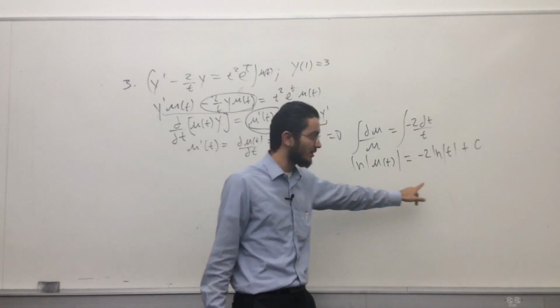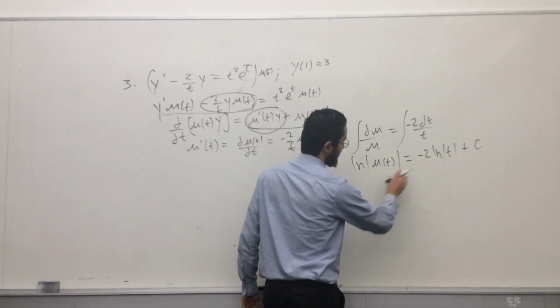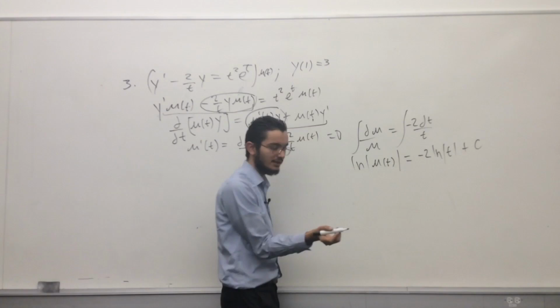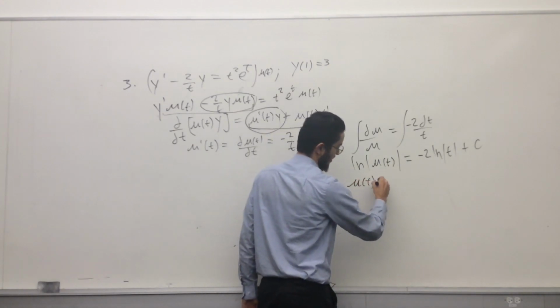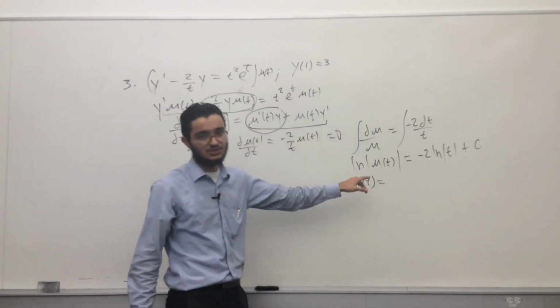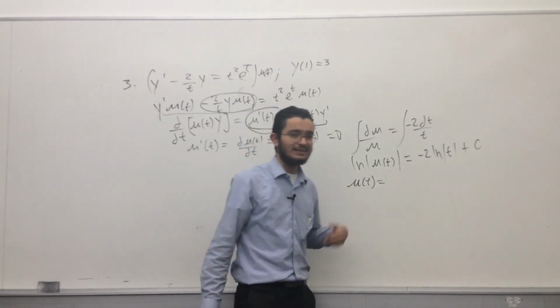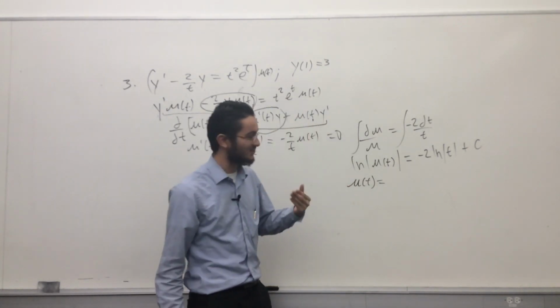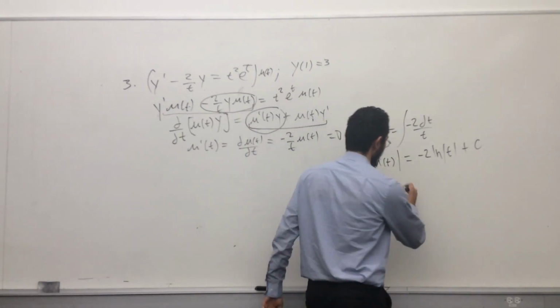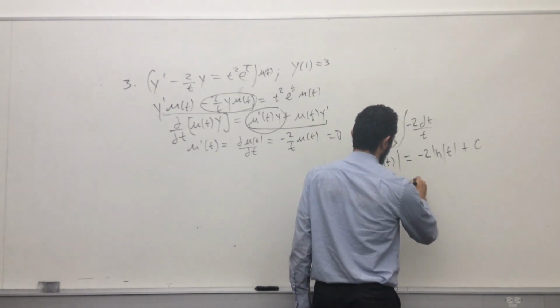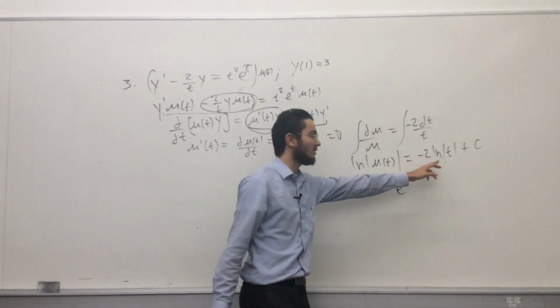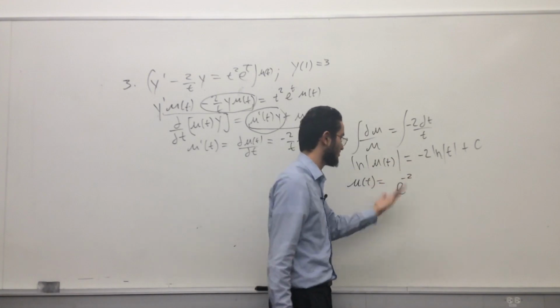We solve this for mu of t: if we exponentiate both sides, we get e to the negative 2 times e to the ln of t, which is nothing but t.